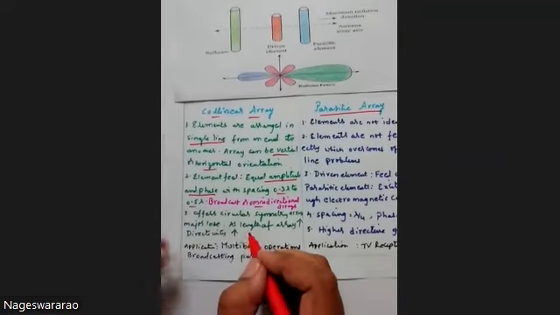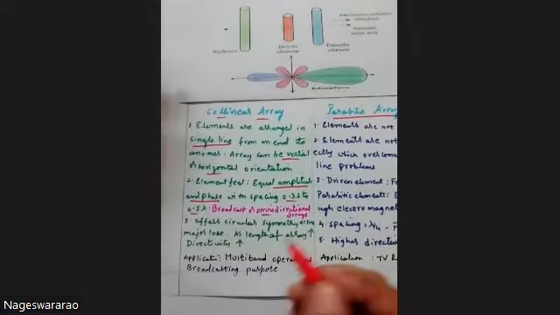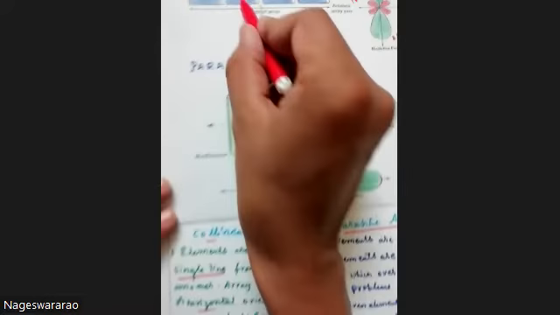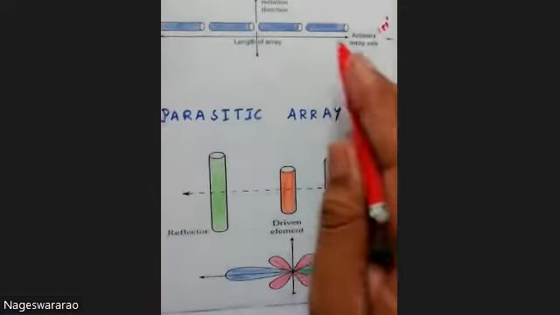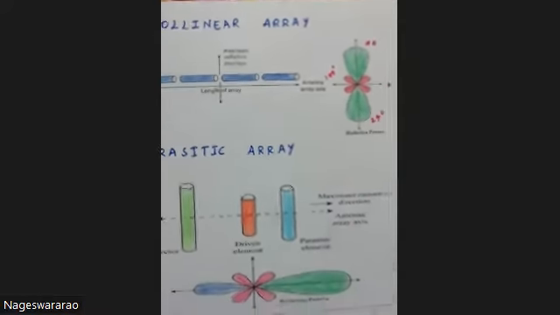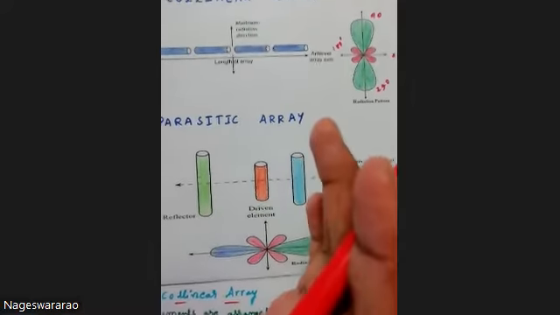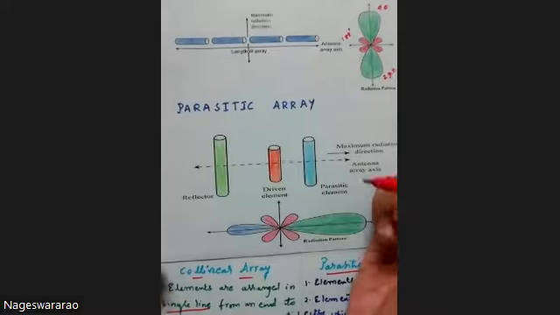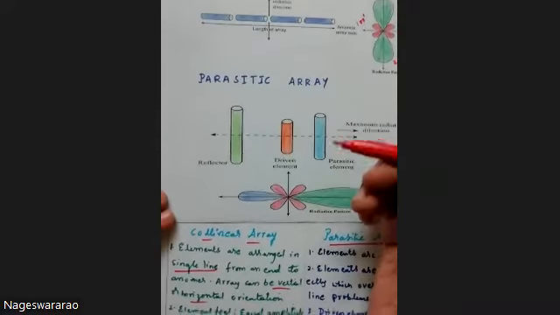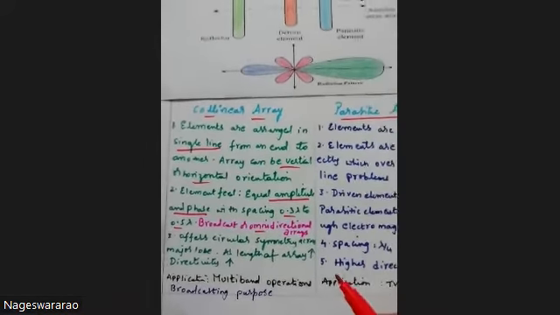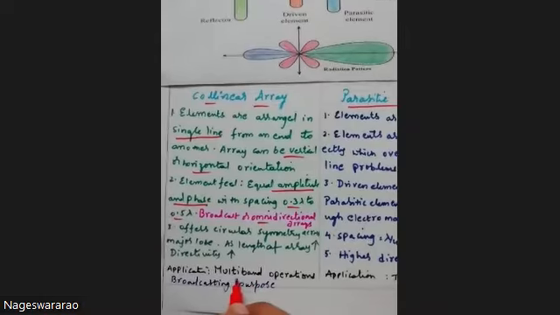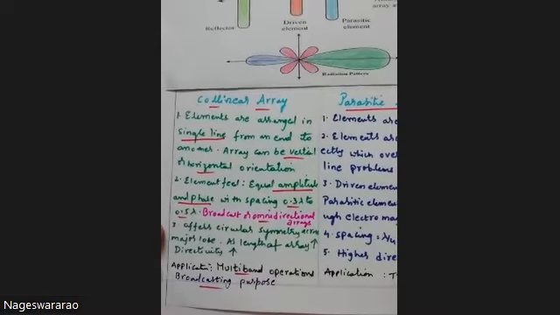An important point you need to keep in mind is that if you increase the length of a collinear array, the directivity automatically increases. If you take a very small length of collinear array, your result cannot be in a proper way. Because of spacing problems, these collinear arrays are not preferred mostly in the practical world. From an application point of view, this can be used for multi-band and broadcasting purposes.